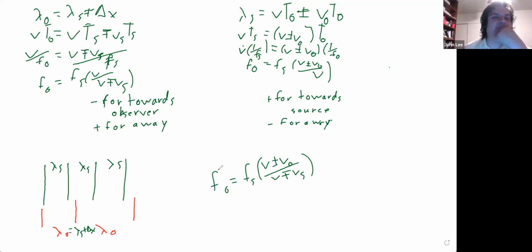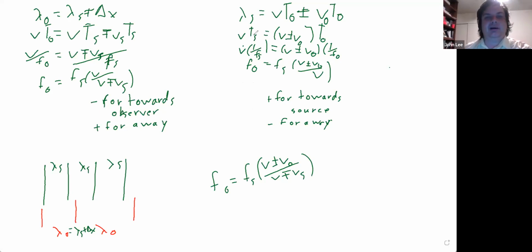And as you're moving towards it, it's going to be negative because there's less distance that the wavelength has to cover. So V over F naught equals V minus or plus Vs over Fs, which gives us F of the observer equals F of the source times V over V minus or plus Vs.